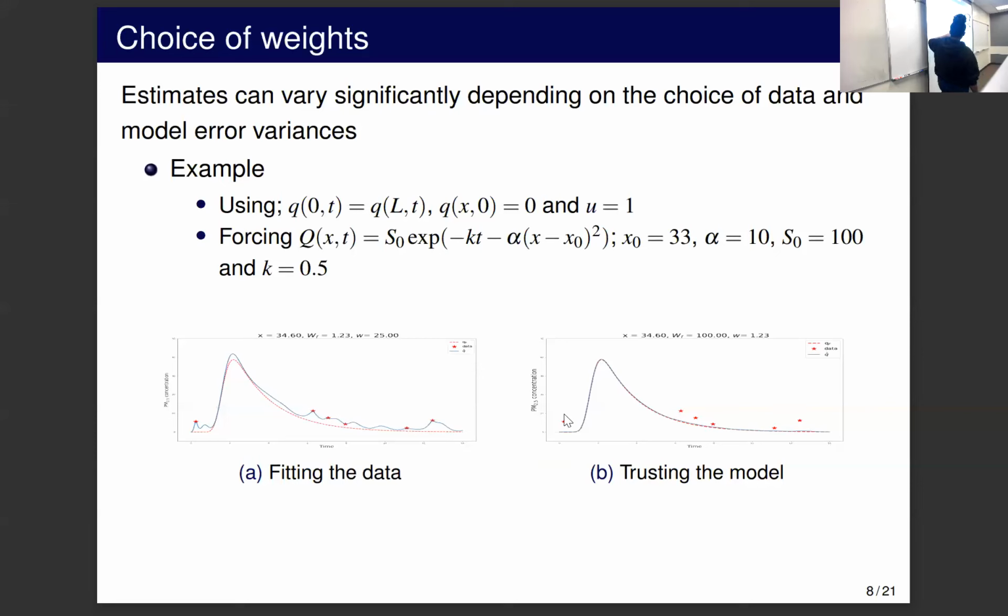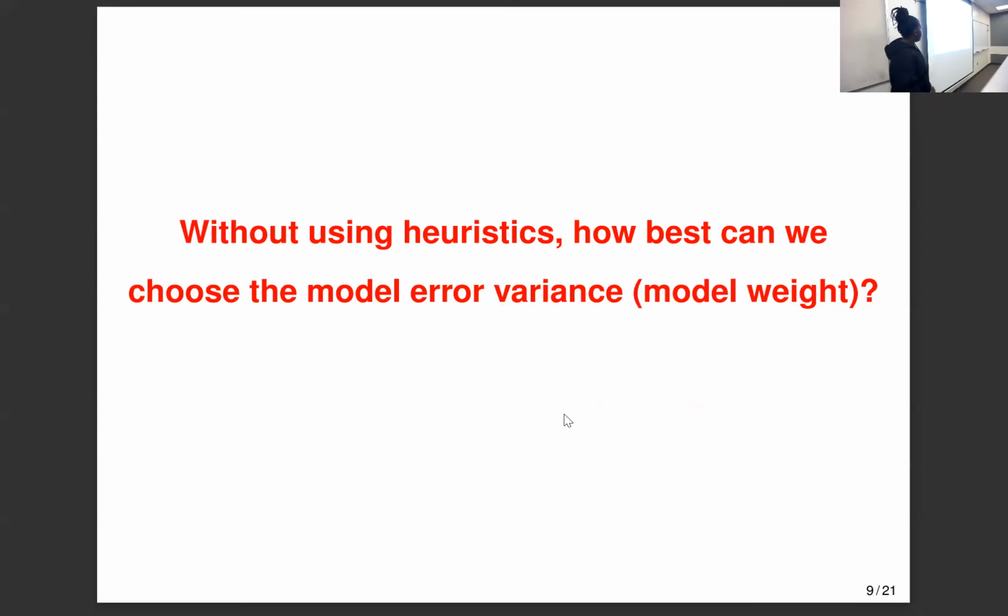For this first case, we gave more weight to the data than to the model, and as a result, we see that the solution tends to fit the data. And for this case, we gave more weight to the model than to the data, and the solution does not fit the data as in the first case. Therefore, without using trial and error, how best can we choose the model error variance?